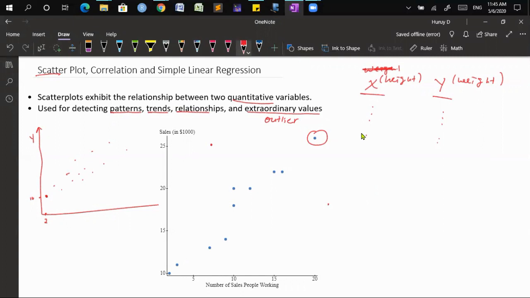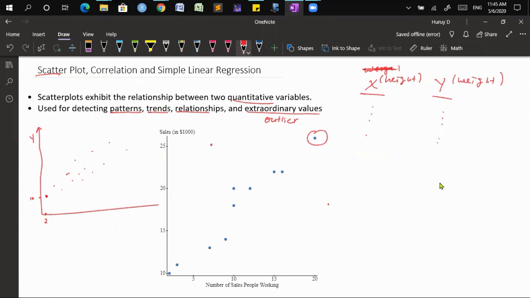So even if you have a point far from the data, as long as it's on this straight line, then it's fine. But if you have something outside this one, then that would be kind of an outlier. Okay, because we will see the problem with this kind of points when we reach correlation and linear regression.